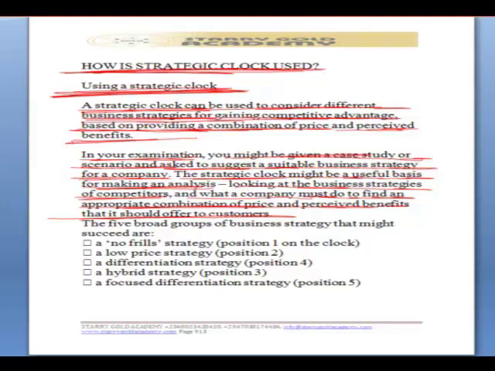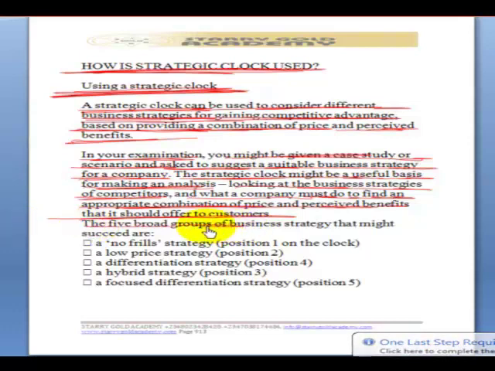And looking at the business strategies of competitors, there is a need for an appropriate strategic clock to be developed so as to see various business strategies that can be developed by a firm based on the combination of price and perceived benefits which it should offer to customers in order to provide competitive advantage as well as adding value to the product or services.